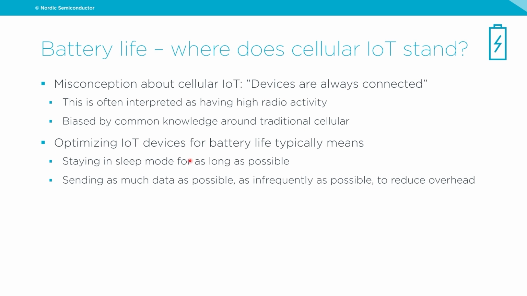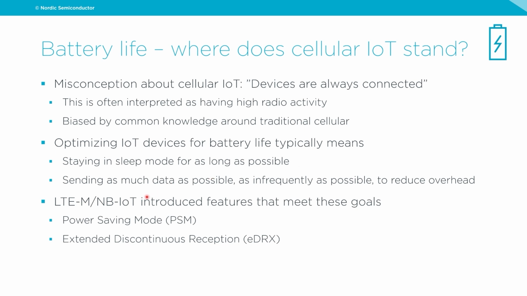And then when you do send data, if you need to do it, send as much data as possible, so you reduce the overhead that you send each time you exchange data, and use the radio as infrequently as possible. So you can then reduce that protocol overhead that you'll find in essentially any wireless communication system.